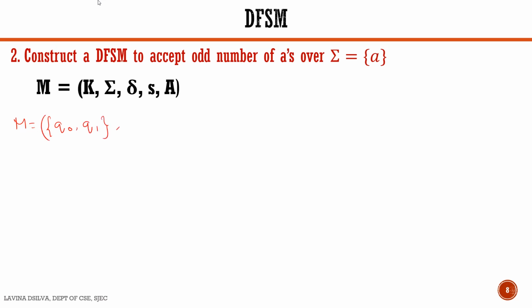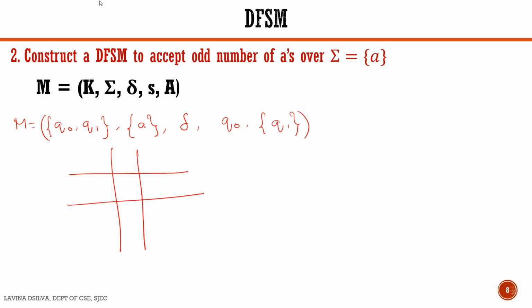Sigma is equal to only one alphabet, that is A. Delta. S is your start state Q0. Accepting state is one state, that is Q1 state, where delta transitions are given as, we have our start state Q0. On Q0 state, when you saw an A, you went to Q1 state, and Q1 state was our final state, and on Q1 state, if you saw an A, you went back to Q0 state.